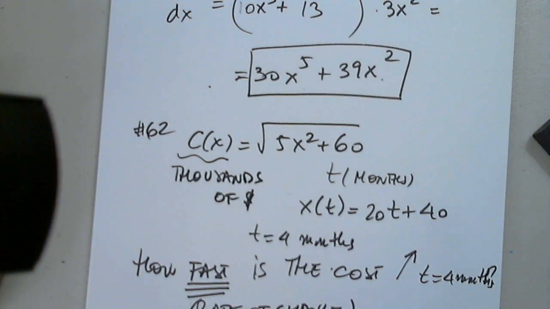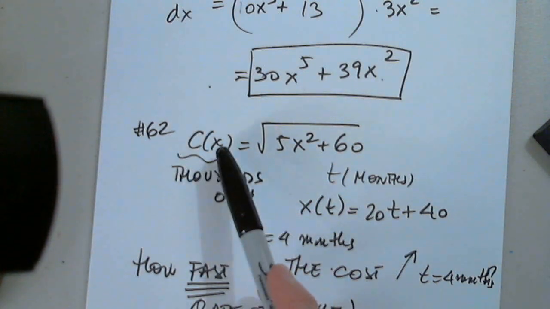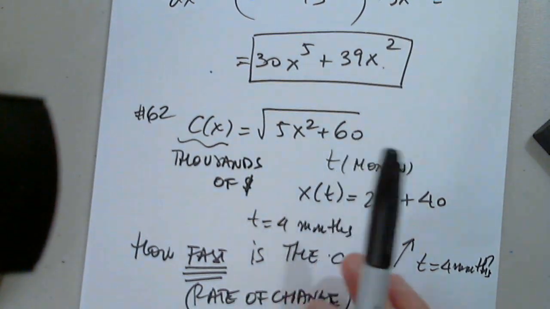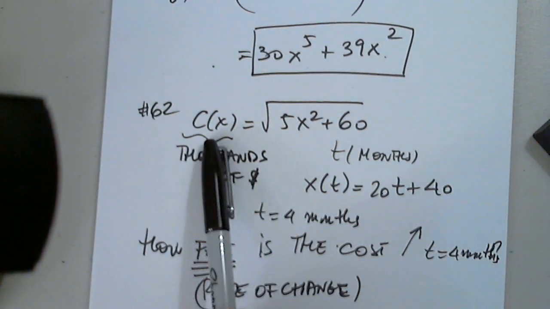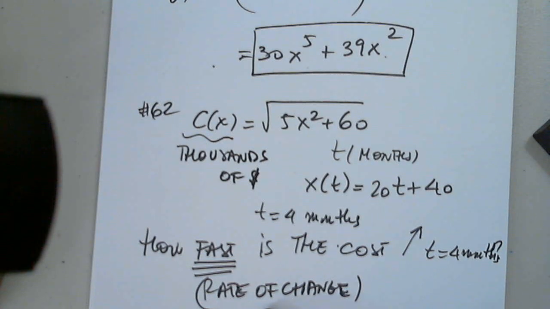We work for this company. Our boss gives us the function, and it says x is a function of time, c is a function of x, but x is a function of time. And she is asking us, tell me how fast will the cost, due to inflation or whatever other things that happen in the production line or supply chain, whatever, how fast, meaning the rate of change, is the cost increasing 4 months from now?